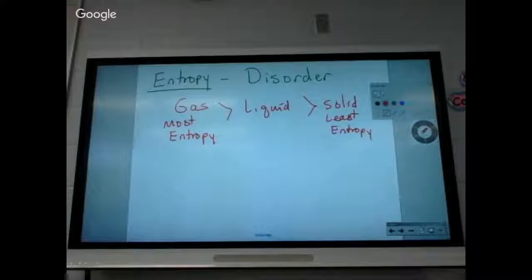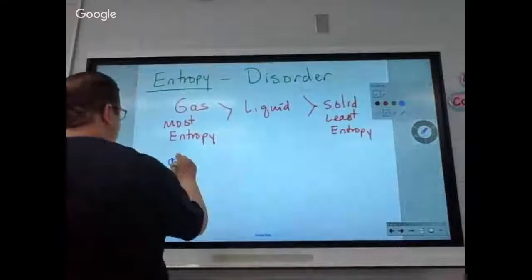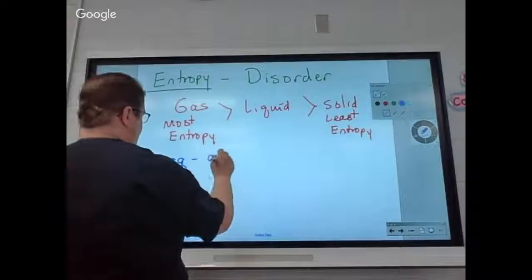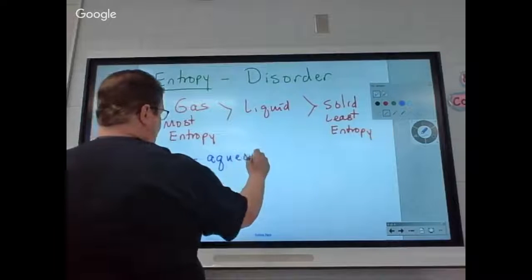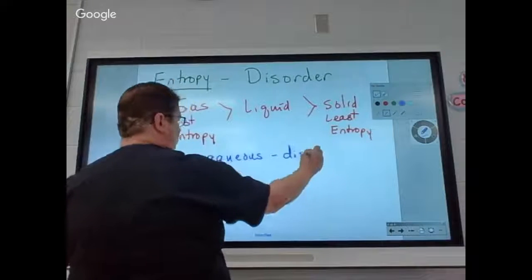When we did chemical reactions, with the exception of water itself, everything that you drink is aqueous. Aqueous means dissolved in water.